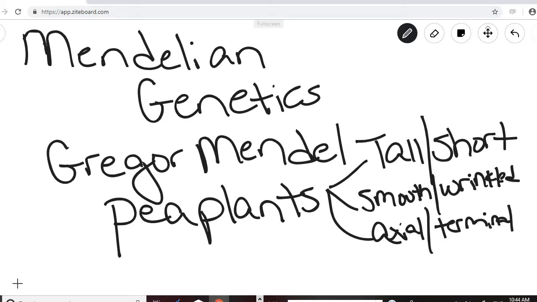So if you crossed a tall plant with a short plant, you didn't get a medium height plant. If tall plants were crossed with tall, you always got tall, and if short were crossed with short, you always got short.